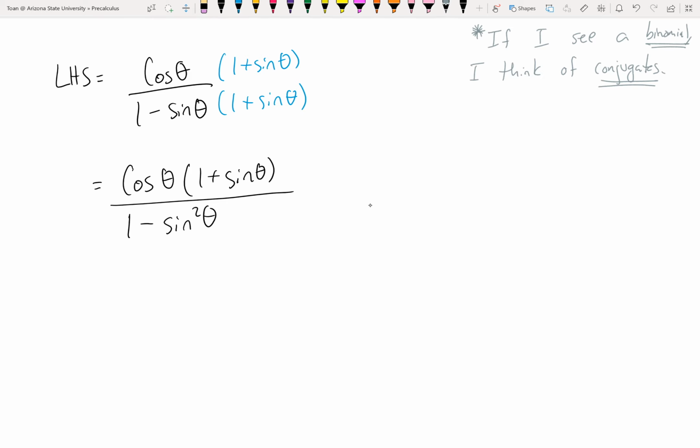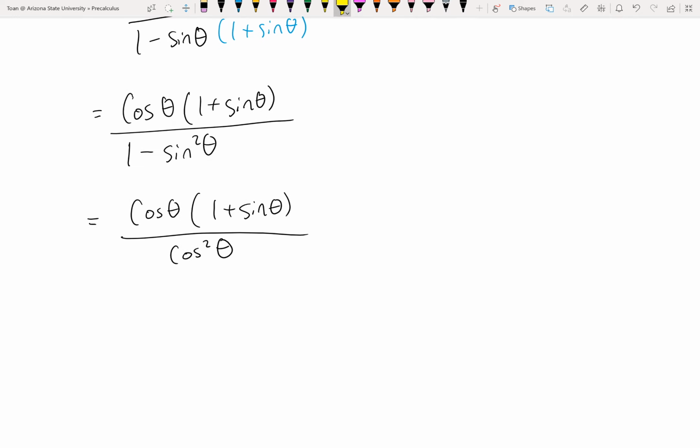And I should know that 1 minus sine squared is cosine squared. And this is why I leave things in factored form. I have a cosine on top, cosine squared on the bottom. I can cancel out one of the cosines, and this is 1 plus sine theta over cosine.